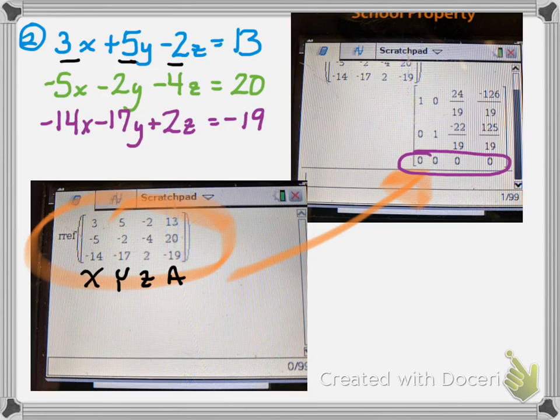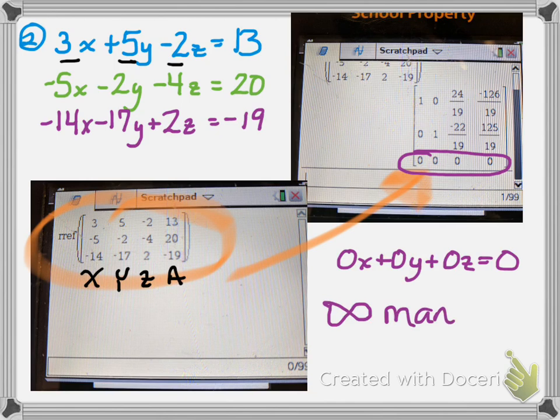That means what that literally will translate to is 0x plus 0y plus 0z equals 0. That is always true. This is infinitely many solutions. So our answer is infinitely many.